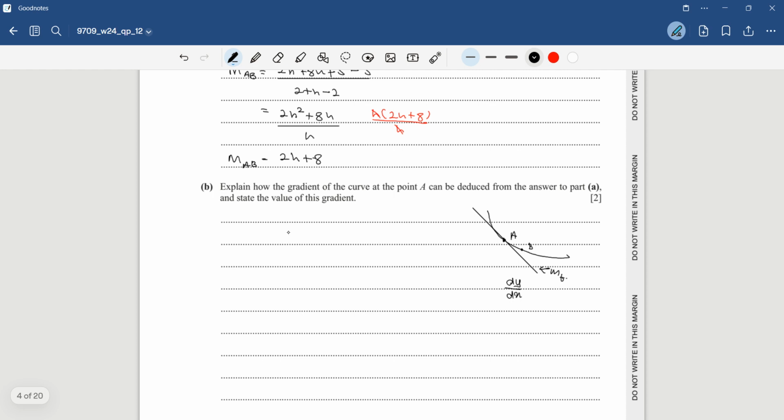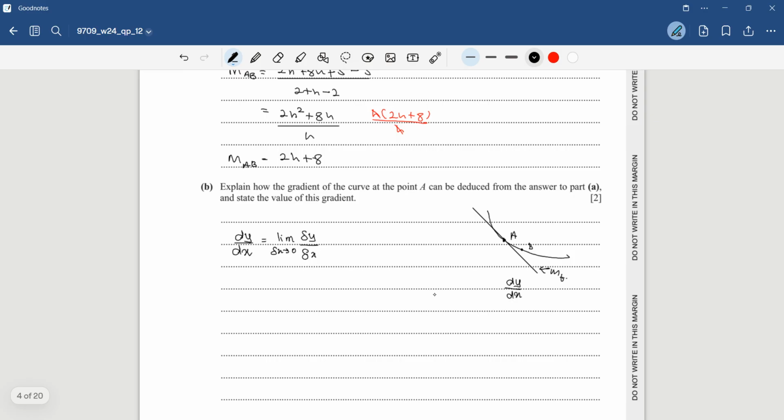So that's the question. By using the first principle of derivative, where dy over dx is equivalent to the limit of del y over del x, where del x tends to 0. This is the first principle of derivative, if you still remember.